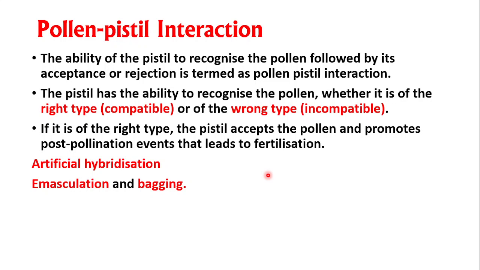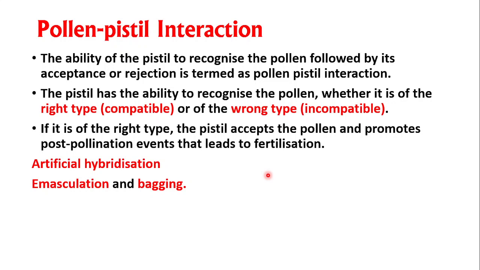What happens after the appearance of pollen grain on the stigmatic surface? The ability of the pistil to recognize the pollen, followed by its acceptance or rejection, is termed as pollen pistil interaction.